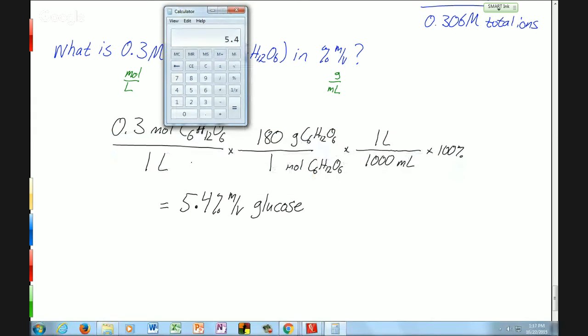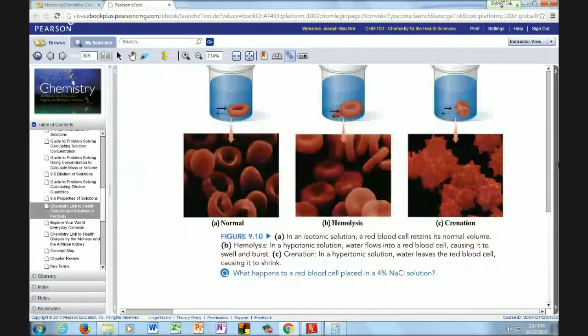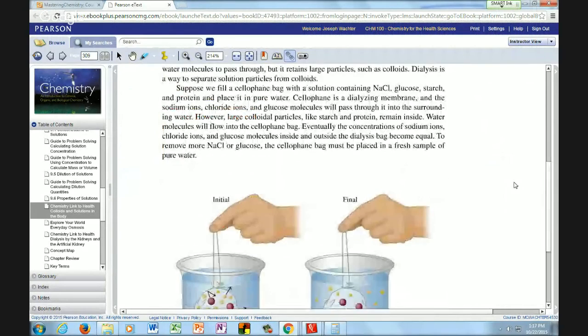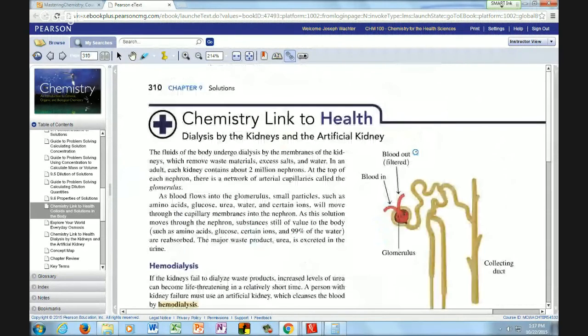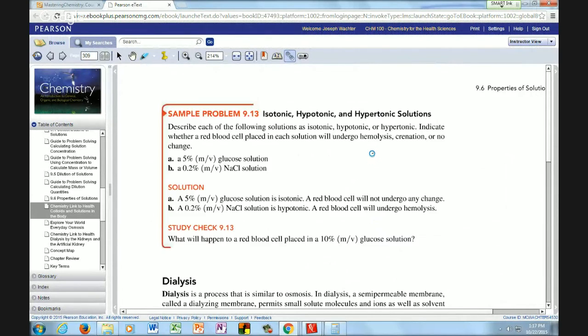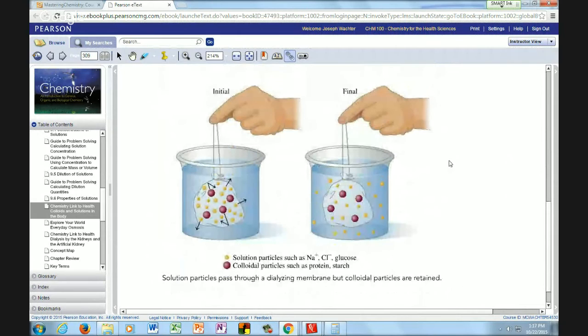All right. The other part of talking about osmosis, kind of the other side of it, is something called dialysis. Dialysis is really what we're going to be doing next in 2 weeks in lab. We'll take a dialysis membrane, which is the semi-permeable membrane, also known as a dialyzing membrane.